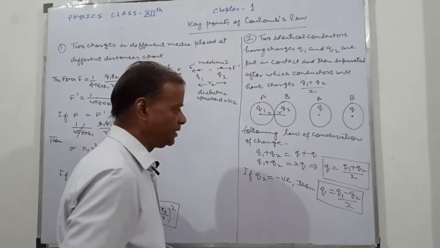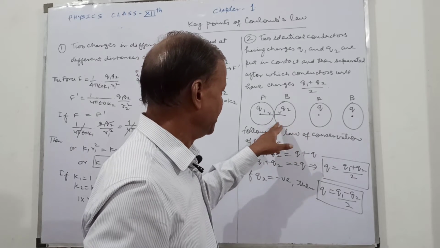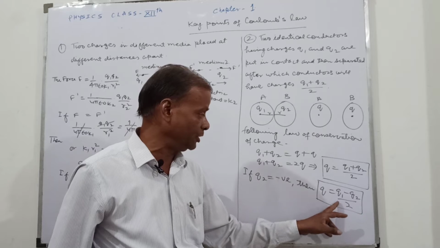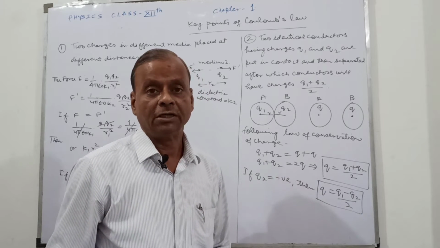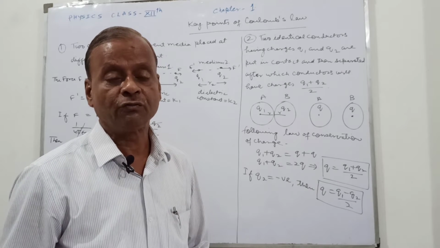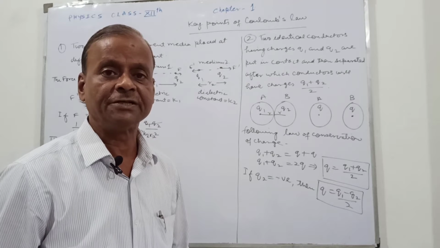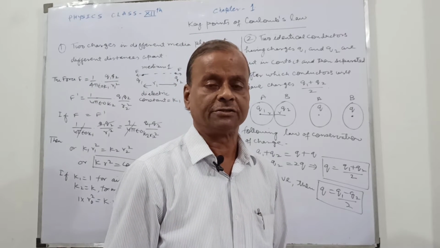And you can see from here that if one has the negative charge and Q1 and Q2 are equal, then Q will be 0. So if two identical conductors having equal and opposite charges are put in contact and then separated by some distance, each conductor will have 0 charge.